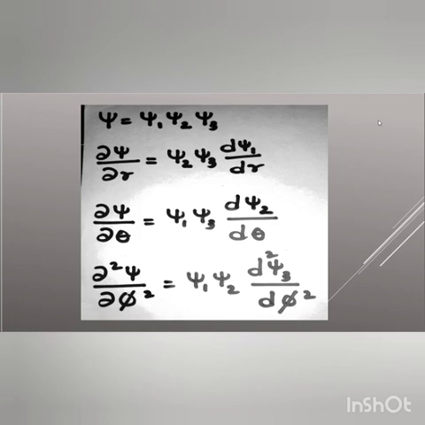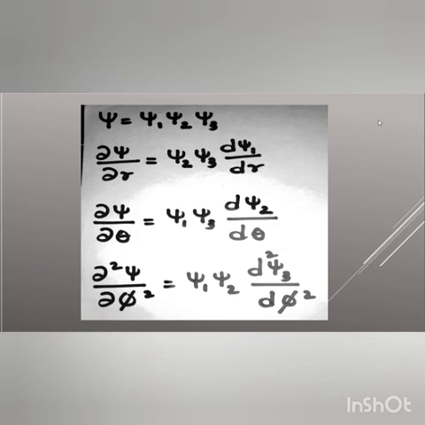Since psi 2 and psi 3 are functions of theta and phi, and here we are differentiating with respect to r, psi 2 and psi 3 will be treated as constants and only psi 1 will be differentiated. Since psi 1 is a function of the single variable r, we can write it as d by dr and not del by del r.